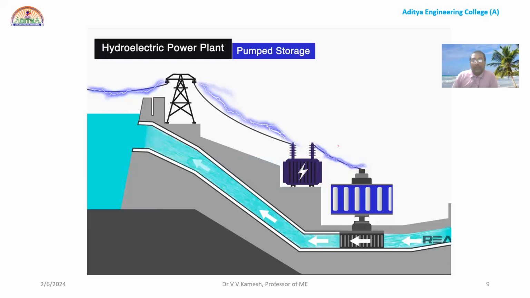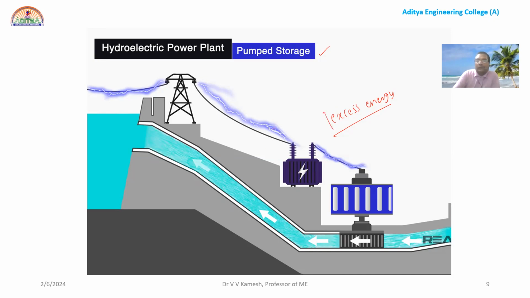Okay. Now, you can see reverse pumped storage. In pumped storage, you see the water is flowing in the reverse direction, right? Whenever you have excess energy, that means energy is not stored. Once the energy is released, you need to use it, right?